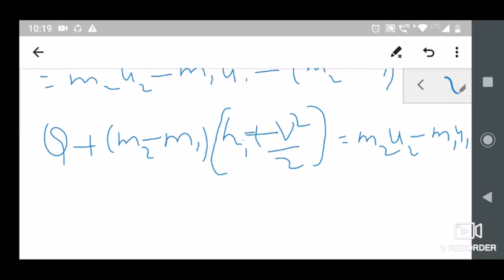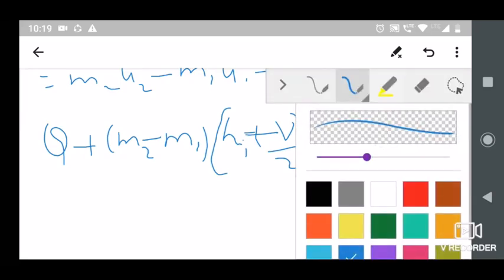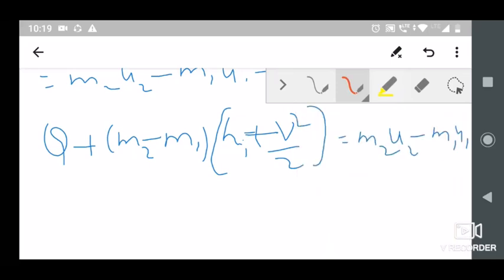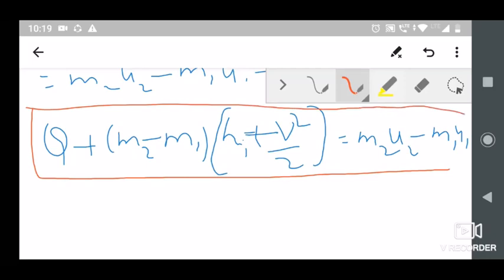Okay, so this is your final equation, the unsteady flow equation, which can be applied for a variable flow.